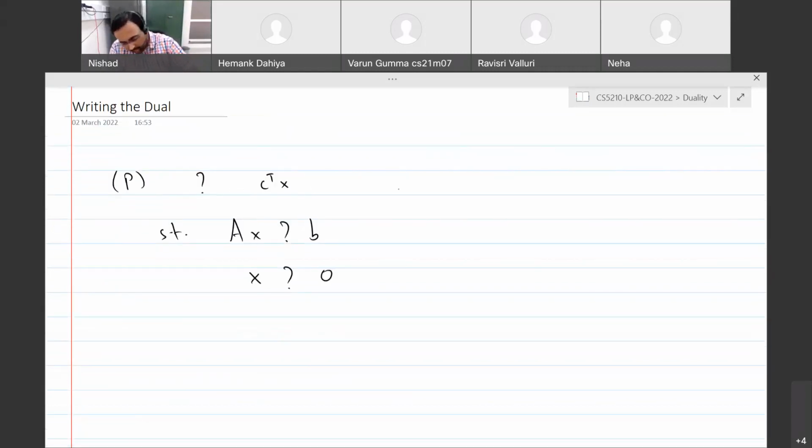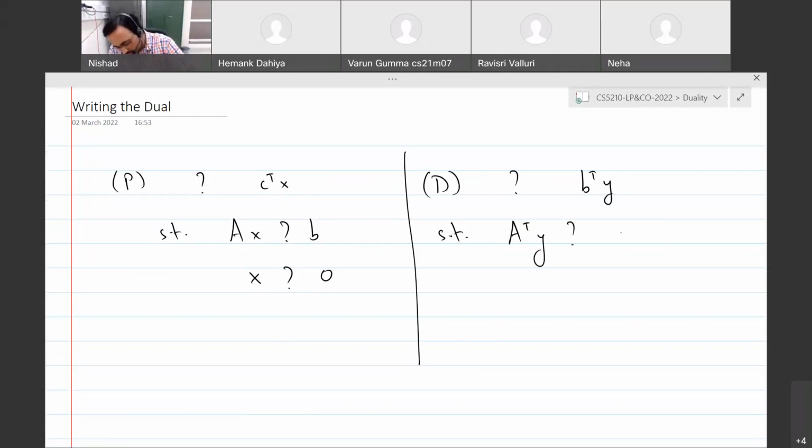So my dual will always be some minimize or maximize B transpose Y, subject to A transpose Y question mark C. Notice that B and C flip roles, and you will have Y question mark 0.